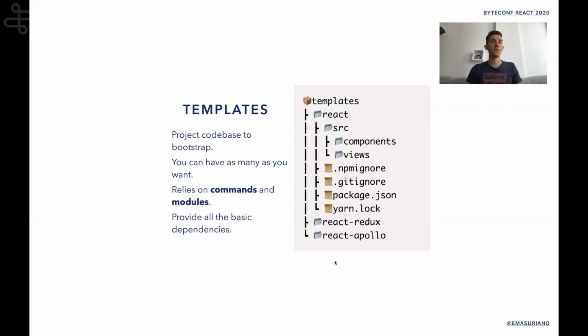In the case of the project that I bootstrapped before, as we are using our component library, that dependency is going to be there. But a storybook, for example, is not a basic dependency. Basic dependencies are stuff that your project really needs in order to work in production. Development dependencies are not going to be there.